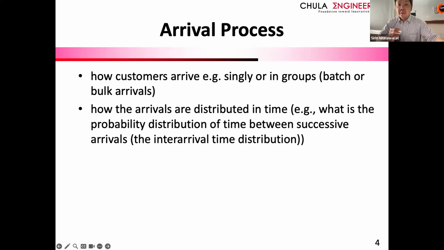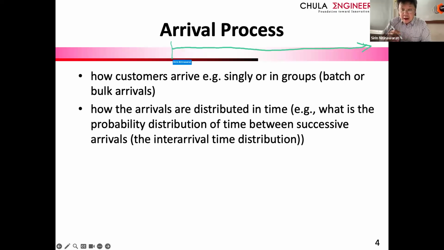How do you do that? For example, let's make it the simple case of all individual arrivals. Then how can you specify this arrival process probabilistically in a complete manner? Let's say you plot it on a graph as a function of time.